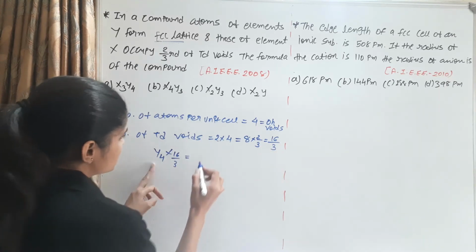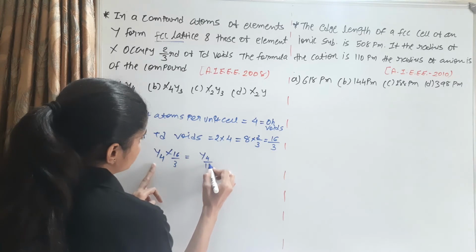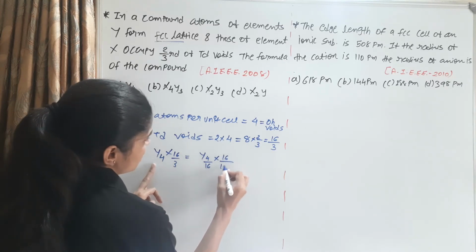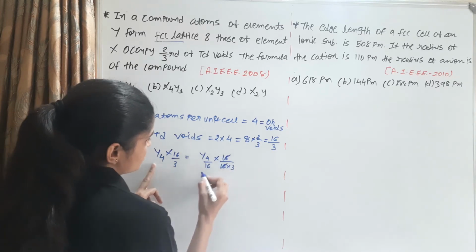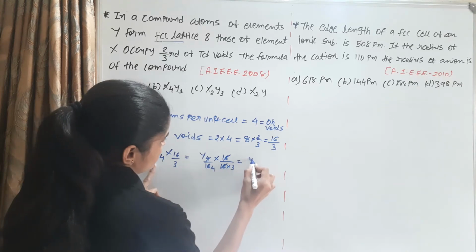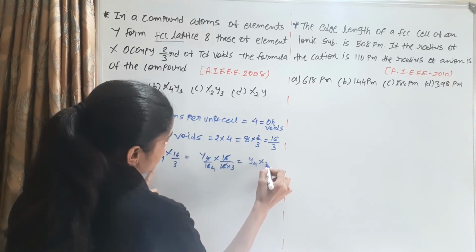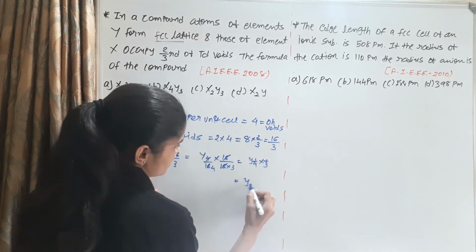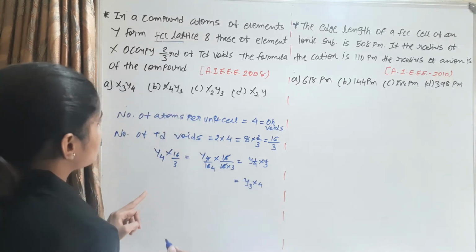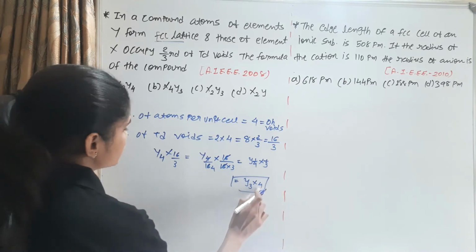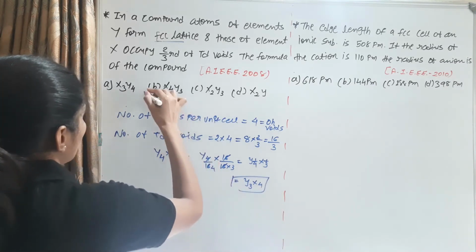Taking LCM 16, y is 4/16 and x is 16/(16×3). 16 cancels out, so y is 1/4 and x is 1/3. So y is 3 and x is 4. The answer is x4 y3.